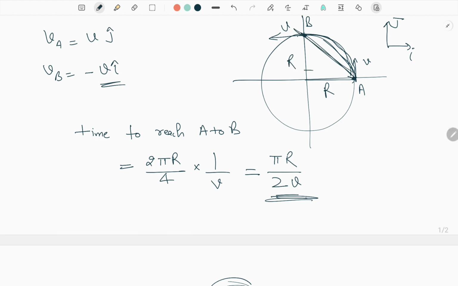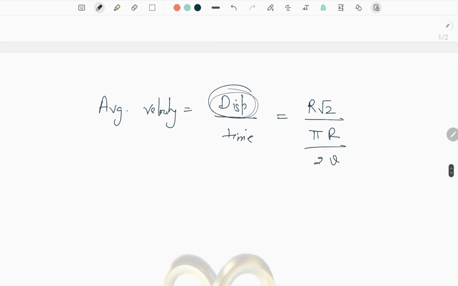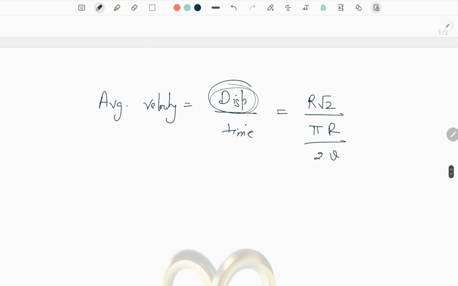This is R, this is R, this is 90 degrees. So the displacement from A to B is R root 2 and the time is pi r by 2v. So r and r cancel out, and the final is 2 root 2 v by pi. This is the average velocity.